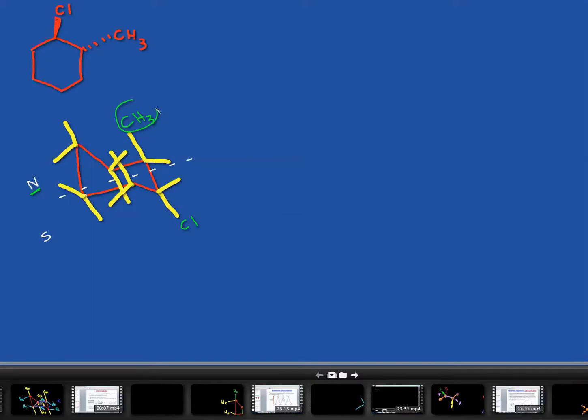Remember, axial is a more sterically hindered position than an equatorial. I guess now we can clean this up just a little bit because everything else is a hydrogen. What I want to draw are the diaxial hydrogens. So I'm going to get rid of the equatorial positions that kind of cloud up this picture just a bit.